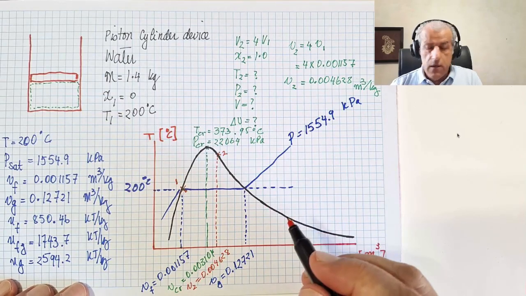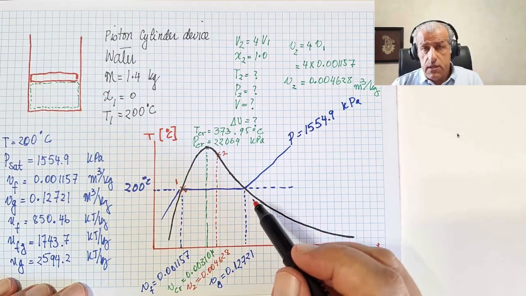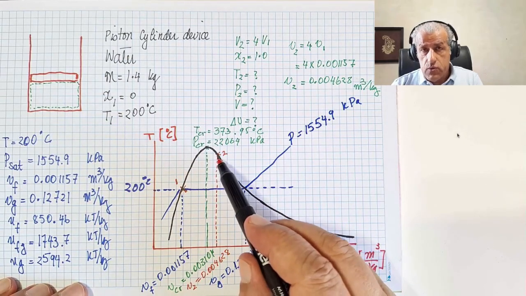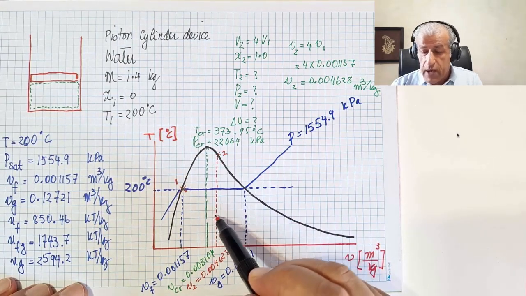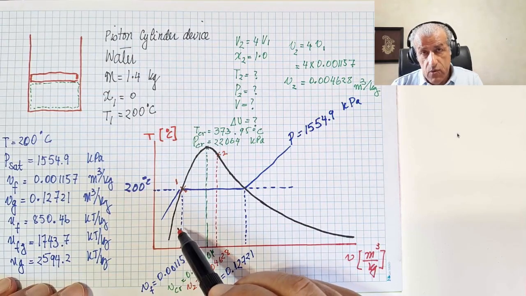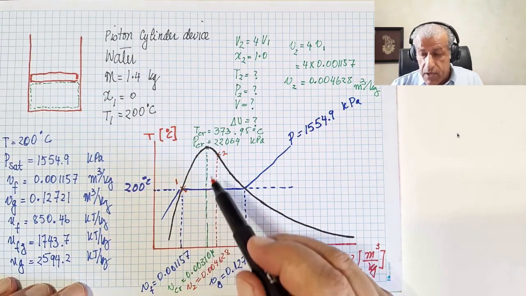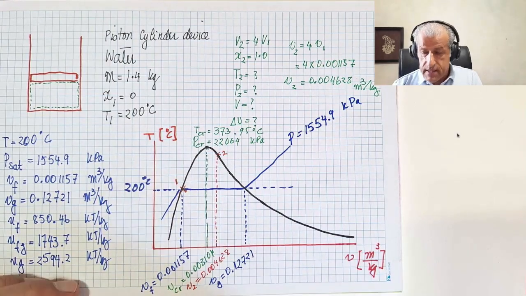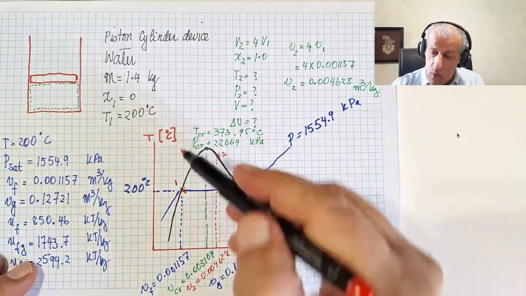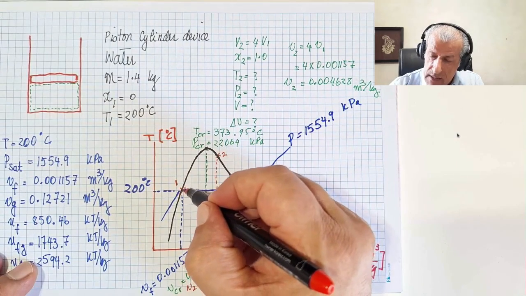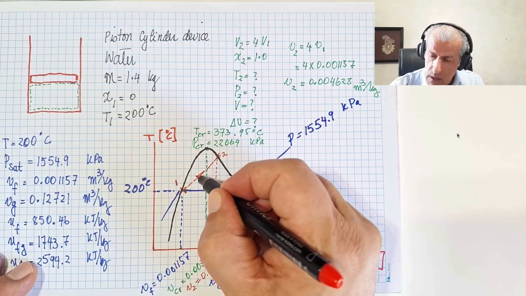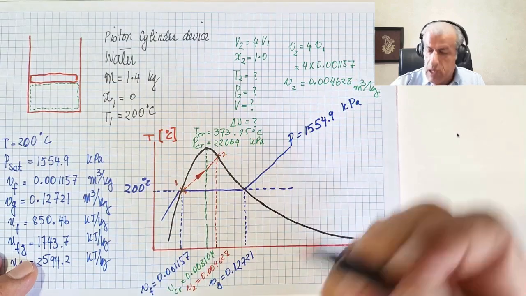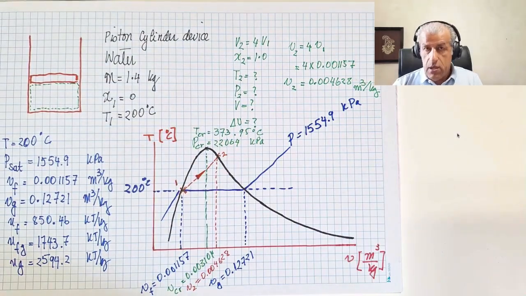You see, with these two conditions, that point 2 is saturated vapor and the specific volume is 4 times the initial specific volume, there is no way that the pressure can remain constant. And in fact, the process 1, 2 is a process in this way. This is process 1, 2, with a change in pressure, temperature, and specific volume.